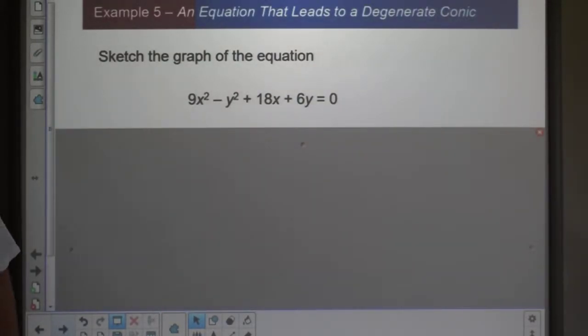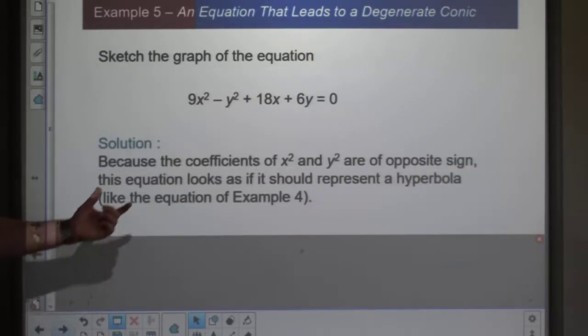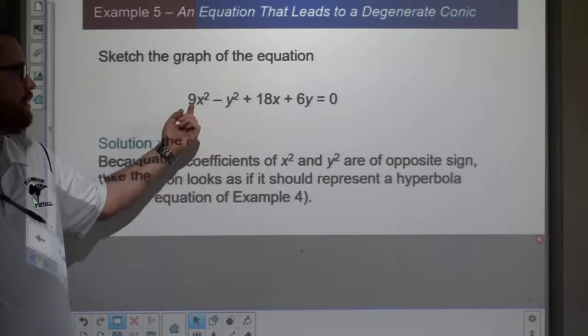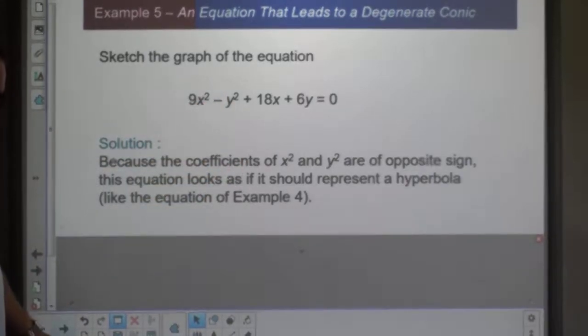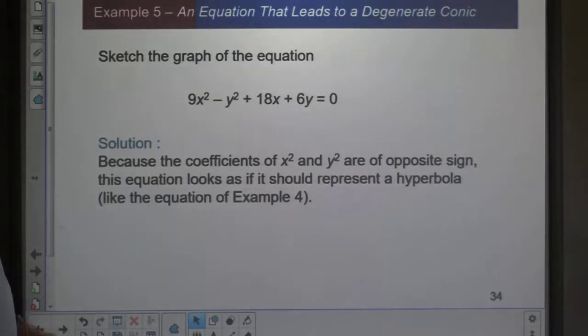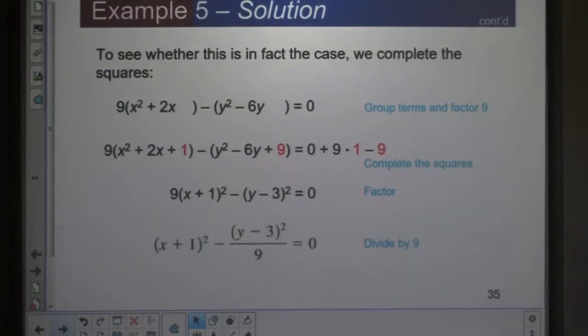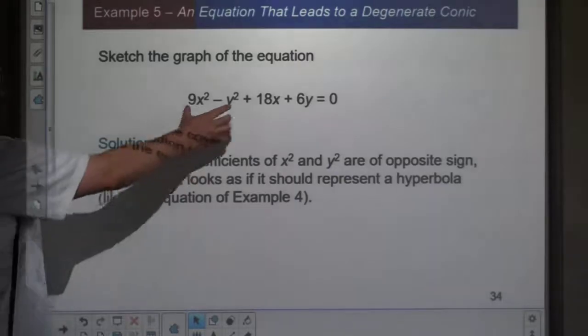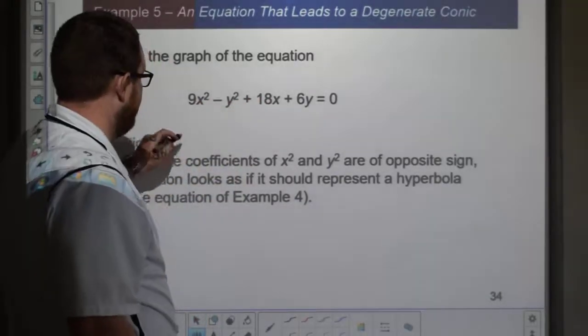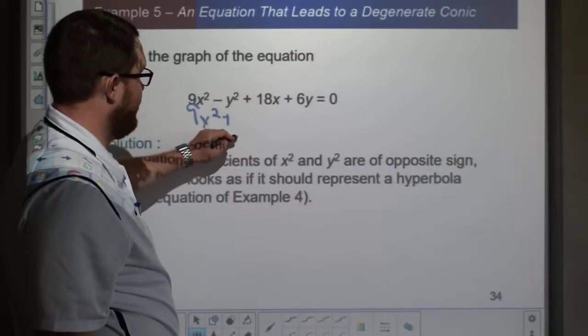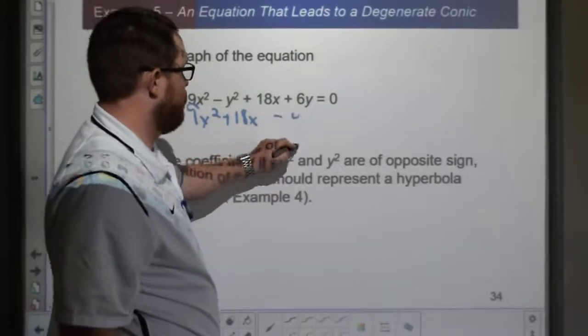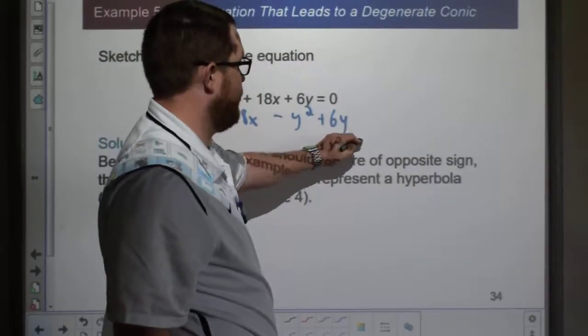Let's sketch the graph of this. Well, the first thing I need to do is figure out what it is. When you look at this, it looks like it's going to be a hyperbola. It's x squared minus y squared. So it should be a hyperbola. I'm going to pull the 9. I'm going to put these two things together. So I'm going to rewrite this as 9x squared plus 18x minus y squared plus 6y equals 0.